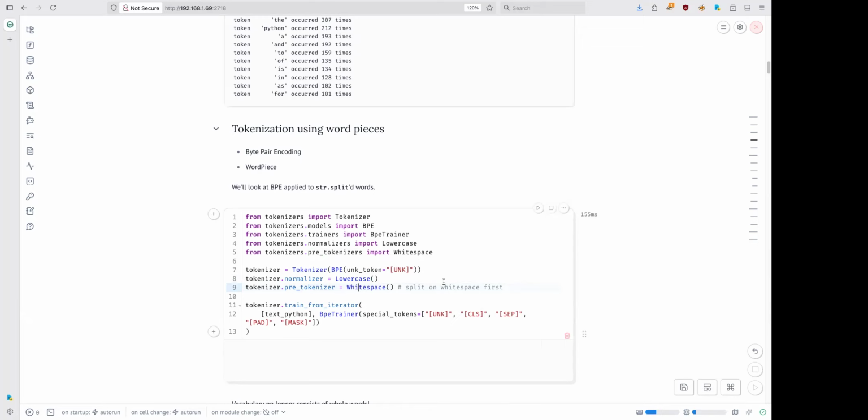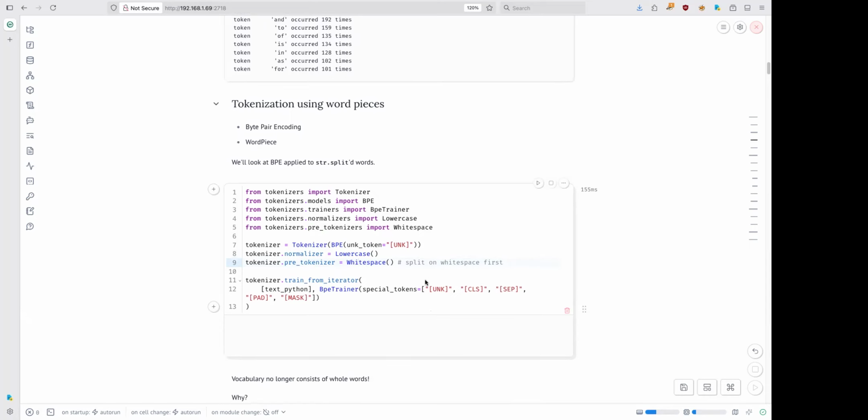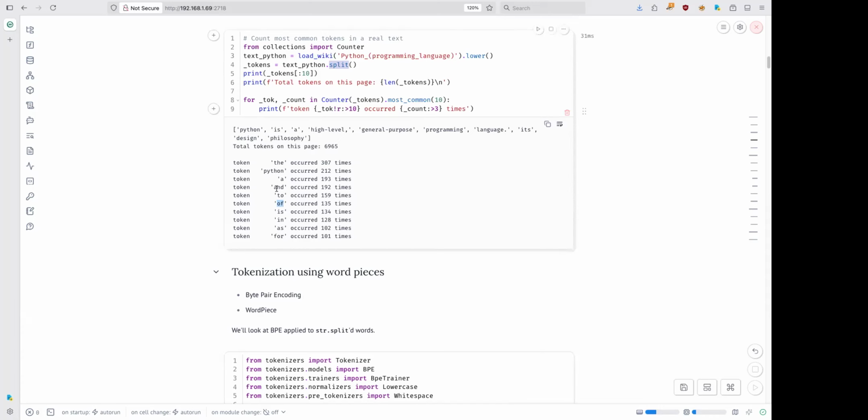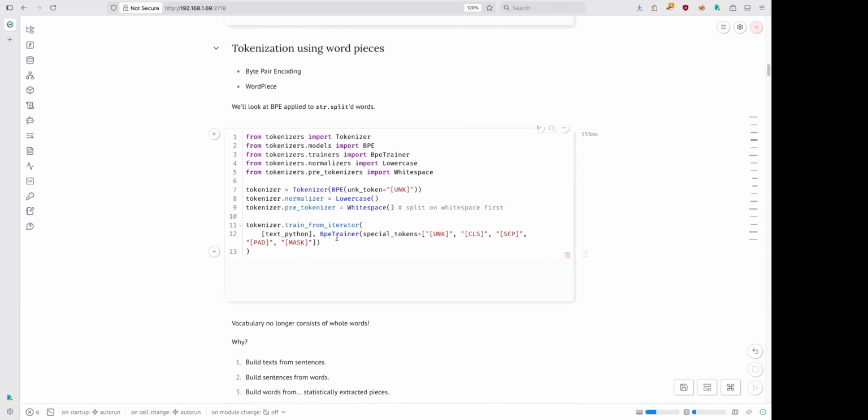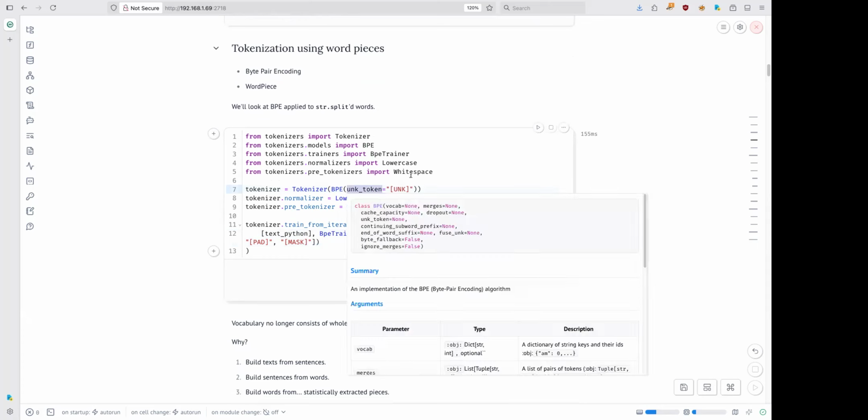We lowercase the text, split it by white space, and apply BPE to individual substrings. Finally, we create a trainer with the text that we extracted from Wikipedia and train the tokenizer. So far, so good.